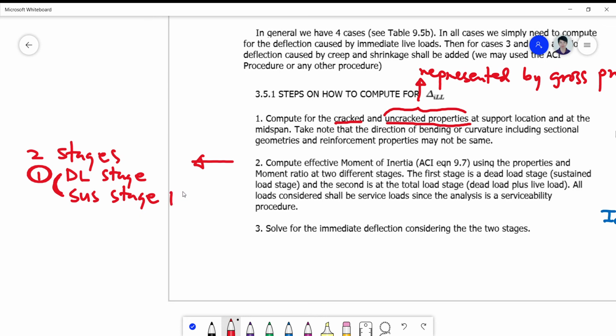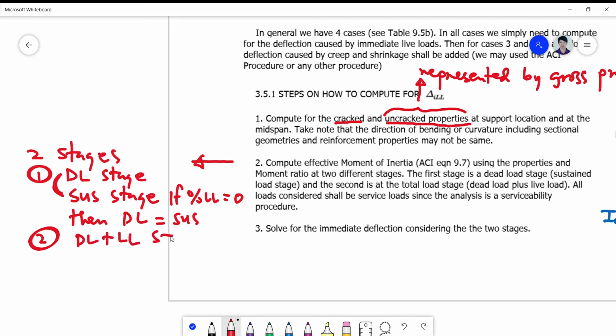So if percent live load is 0, then DL is equal to sustained. Okay, so for the next stage, we have the dead load plus live load stage.